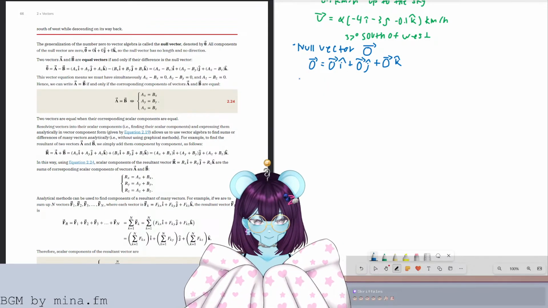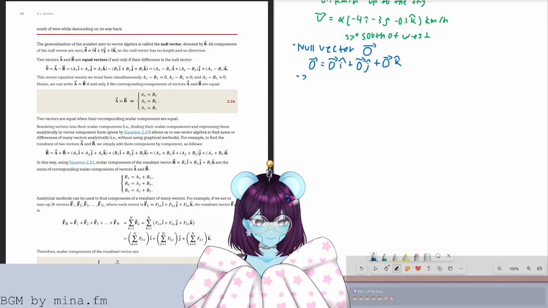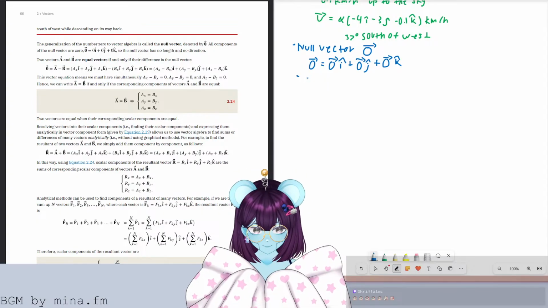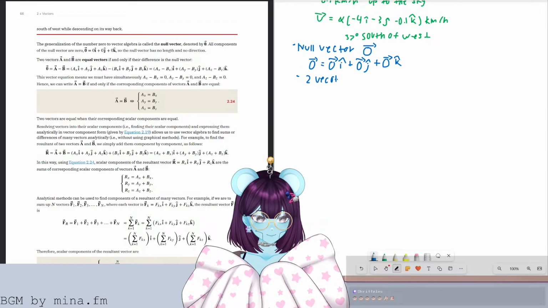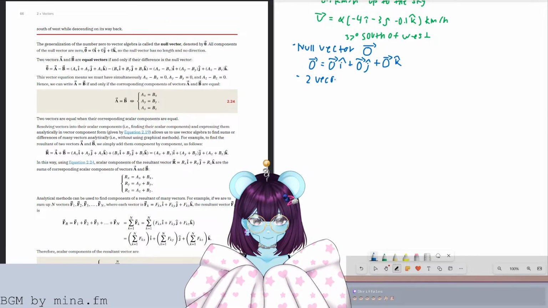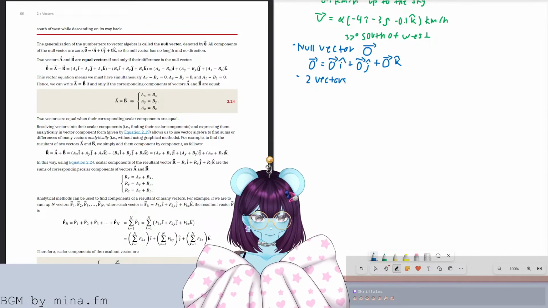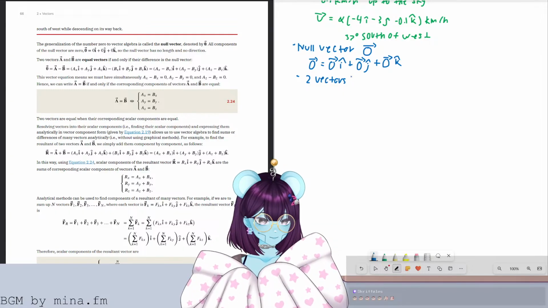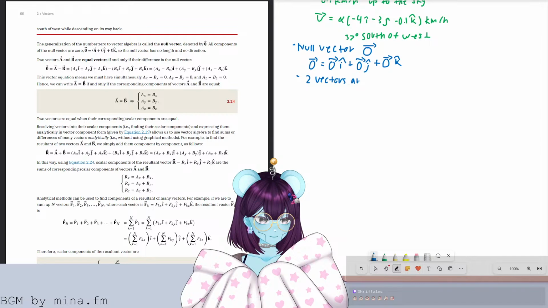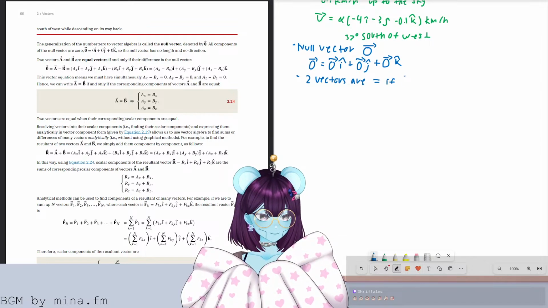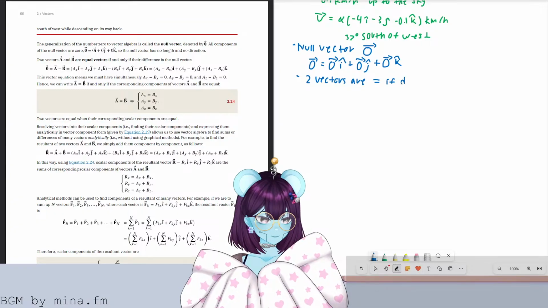Okay, and then if we have two vectors, two vectors are equal if their difference is the null vector.